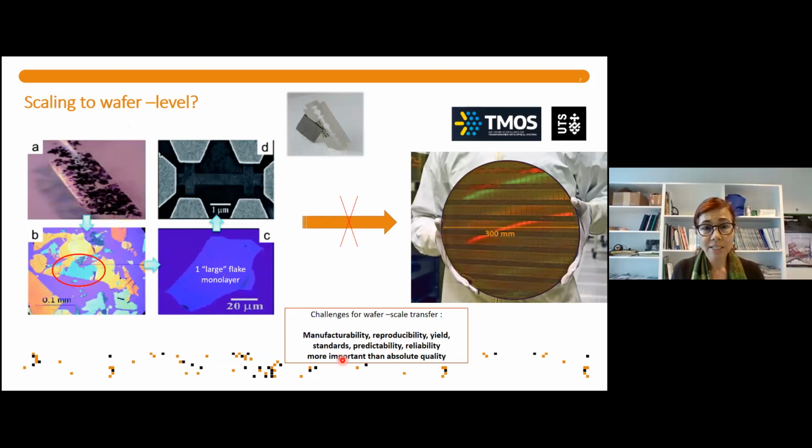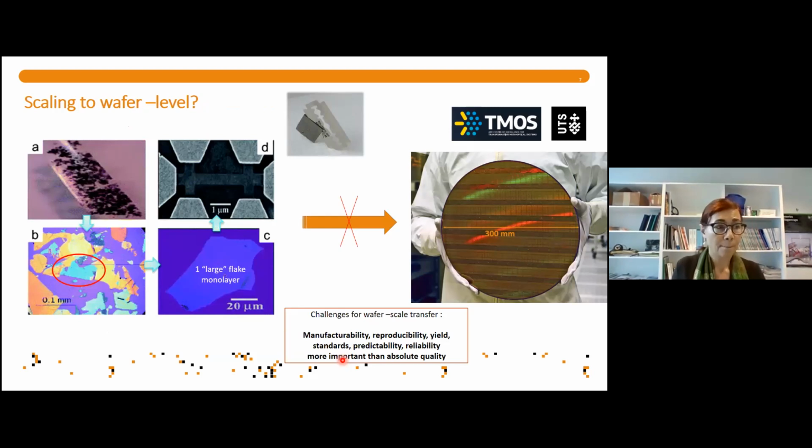The third point is integration, and particularly integration in the semiconductor industry, which is what I'm referring to, has been particularly challenging for this type of material. And it will be not just for graphene, but also for the other 2D materials, because exactly they are 2D materials.